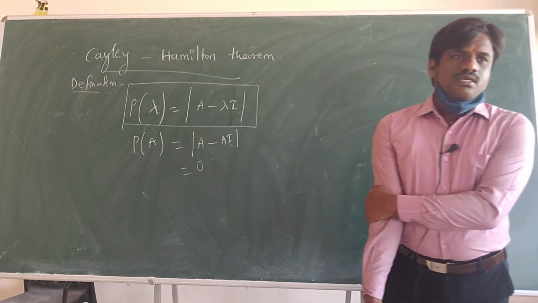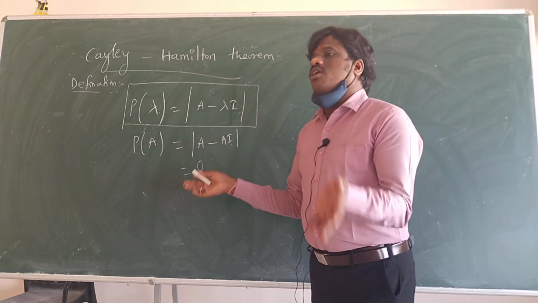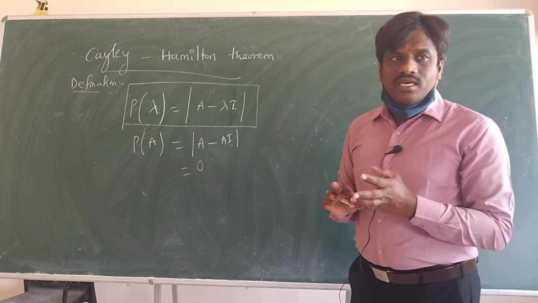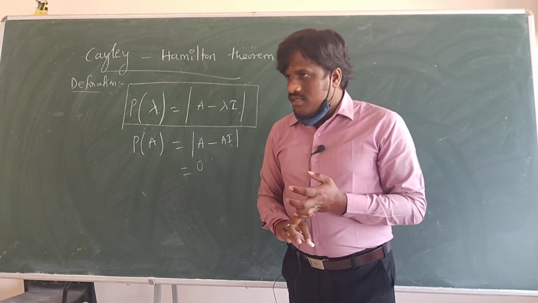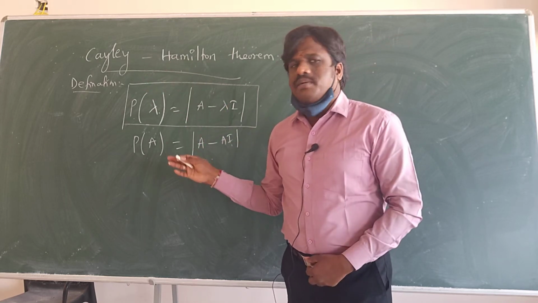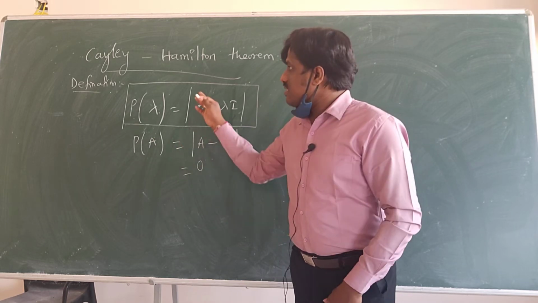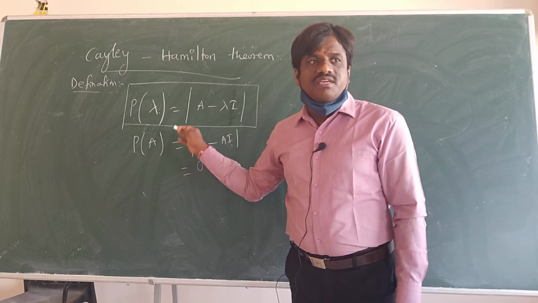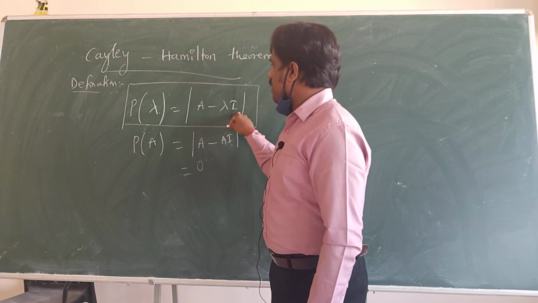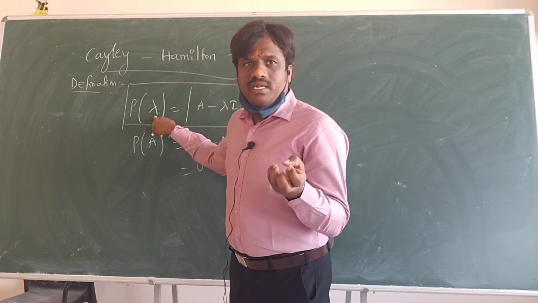Every polynomial equation will be satisfied by a matrix. The equation we find is P of lambda equal to determinant of A minus lambda I, where P of lambda is a polynomial in lambda.